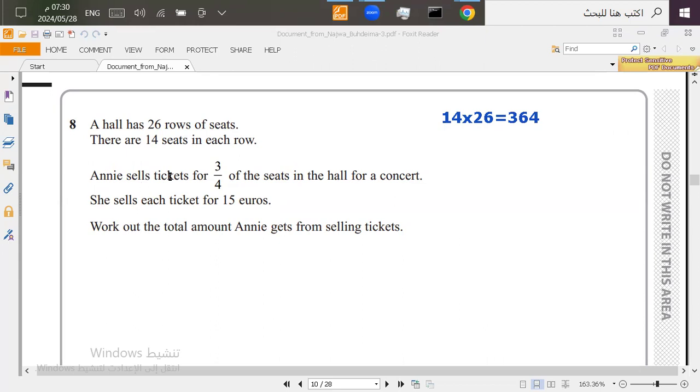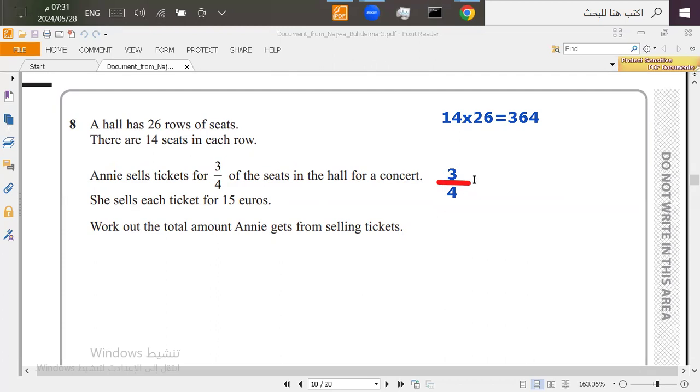Now, she sells tickets for three-quarters of the seats. So we're going to find out what three-quarters of 364 is.